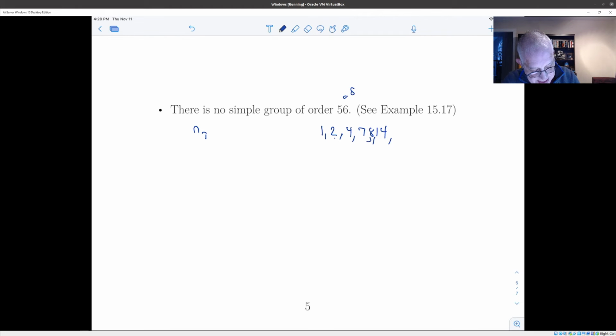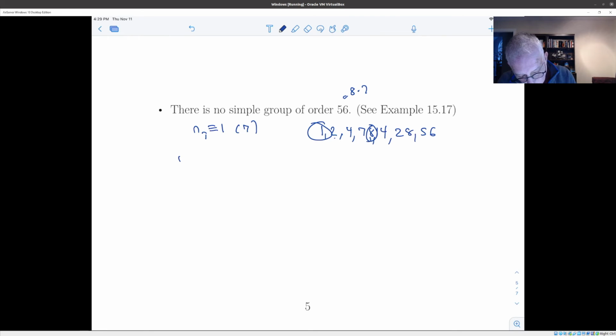This is 8 times 7, so it should have 8 divisors. So n_7 has to be congruent to 1 mod 7. And there's two possibilities. It's either 1 or 8. Those are the only divisors of 56 which are congruent to 1 mod 7.